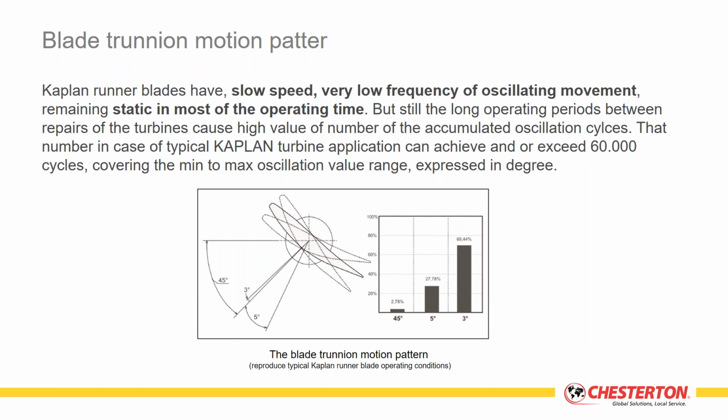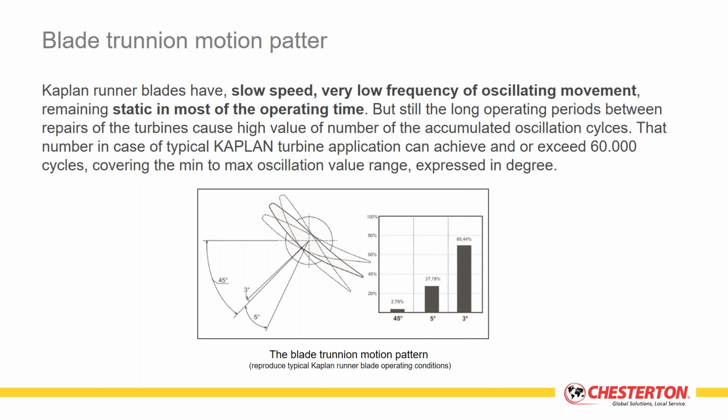This is how they simulate the operation of the blades, and as you will see, in most of the cases, something like 70%, the oscillation is within plus minus 3 degrees, while in around 27% the oscillation motion is around plus minus 5 degrees, and in less than 3% of the cases, the blade actually moves plus minus 45 degrees.